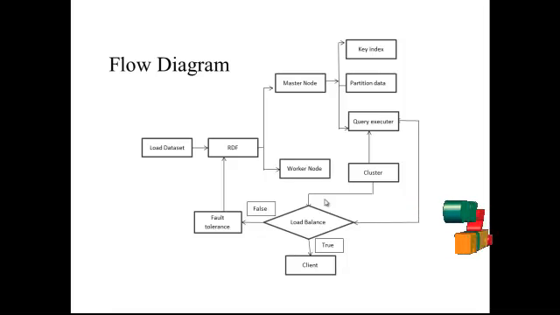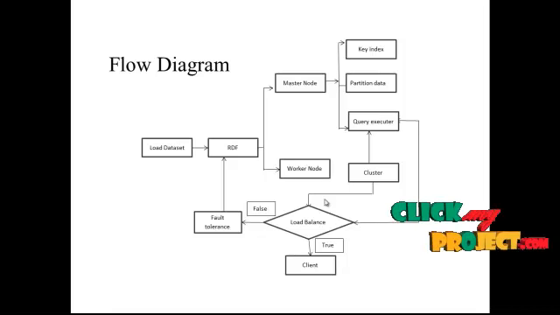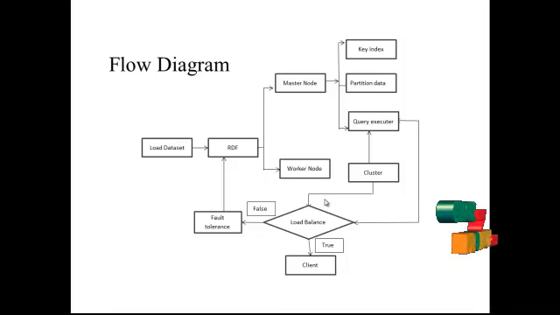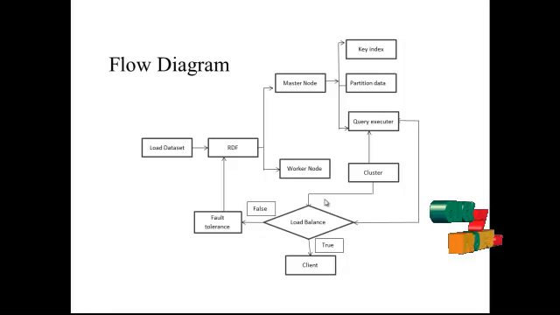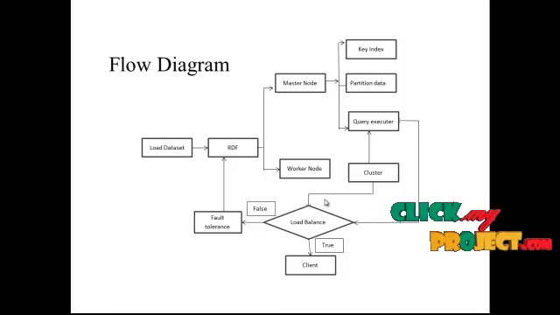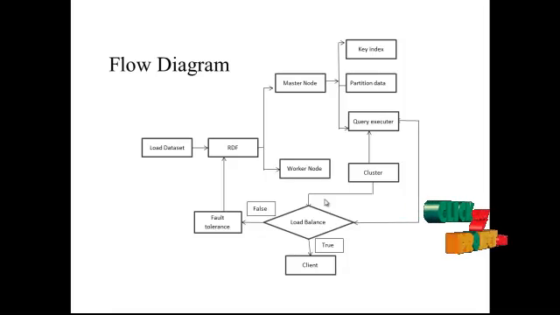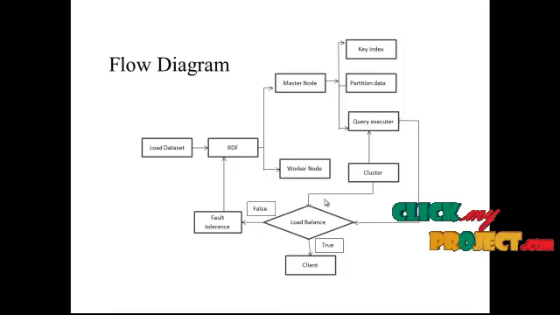Next we come to two classifications of the RDF data. RDF means Resource Description Framework. It has two categories: the master node and the worker node. The master node processing data has three components.